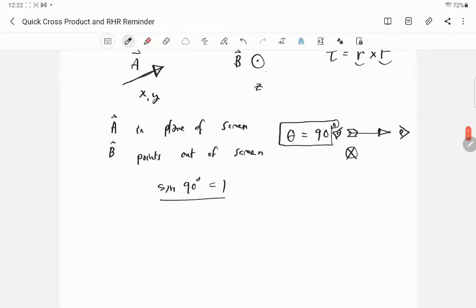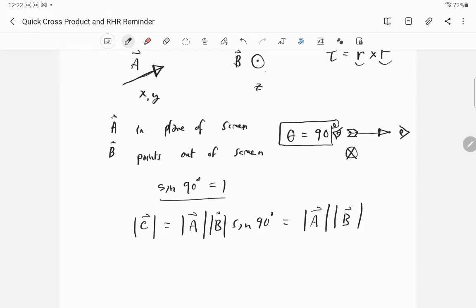So that means that the magnitude of the vector C is going to be the magnitude of A times the magnitude of B times the sine of 90 degrees, which is just A times B in this case, because the sine of 90 is 1. You're multiplying by 1.